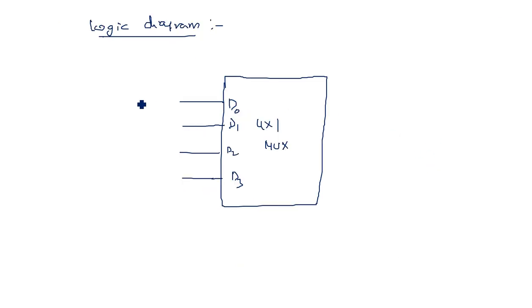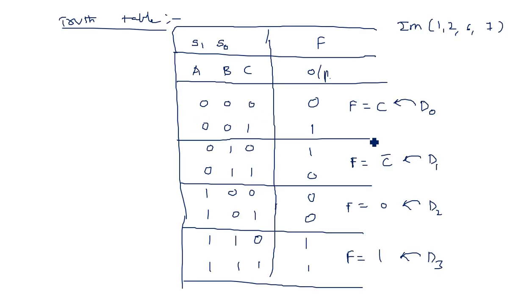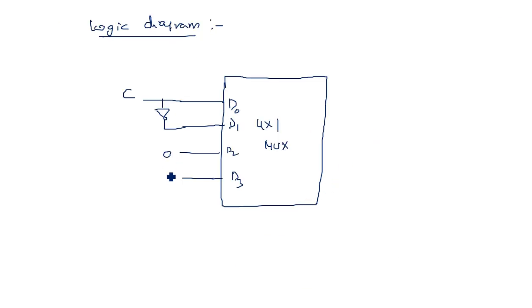And d1 is the complement of c, c bar. And d2 is taken as 0 and d3 as 1. And the remaining a, b are taken as the selection lines, as I said, s1, s0, and this is the output f.